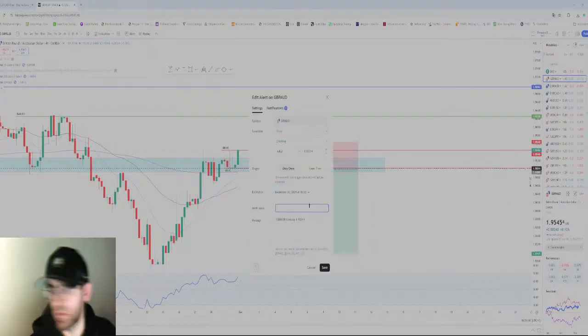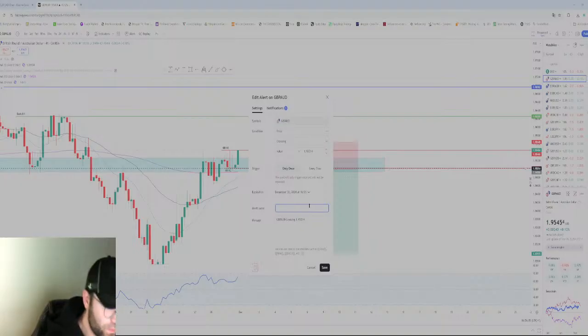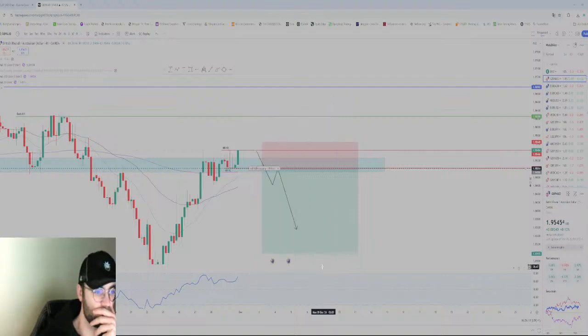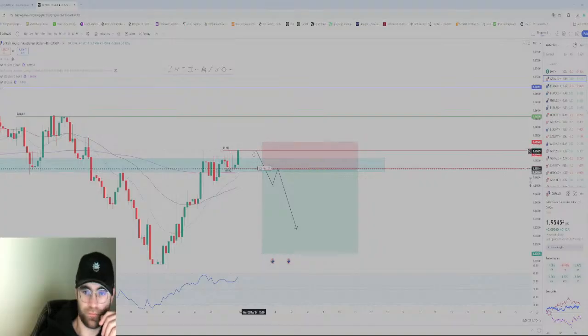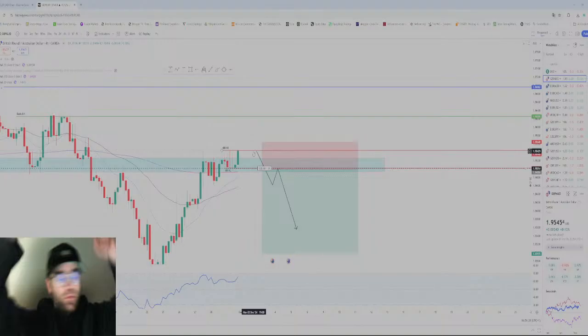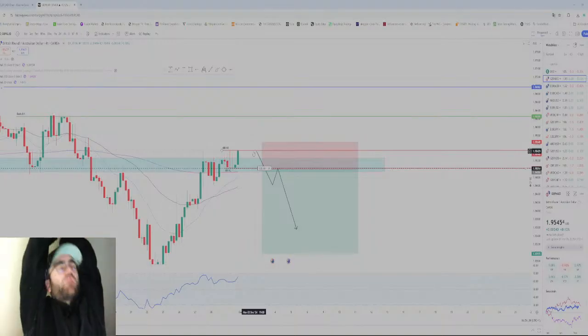Alright, alarm name. Shift structure 4 hour. It's also around a psychological level.